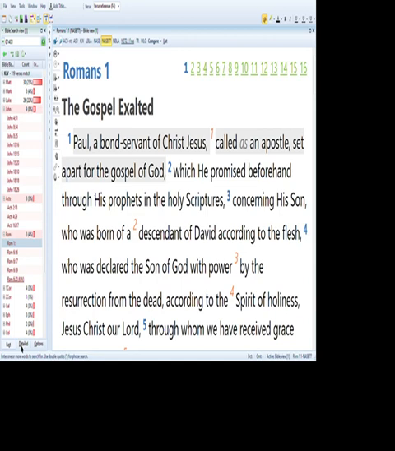I want to be this. He didn't have to identify himself as a bondservant if he didn't like the idea. Obviously, he liked the idea. Even James, the brother of the Lord, said he was a servant of Jesus. So they like that idea of being a slave to Jesus or a bondservant to Jesus. But the fact that they liked it means that it's not a slave, it's a bondservant slave.